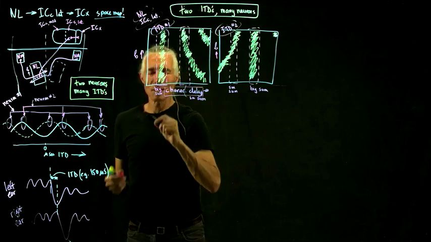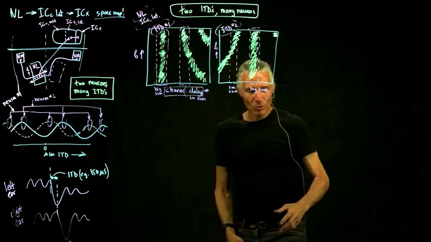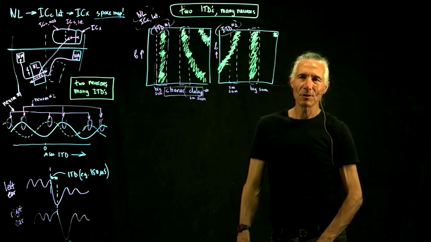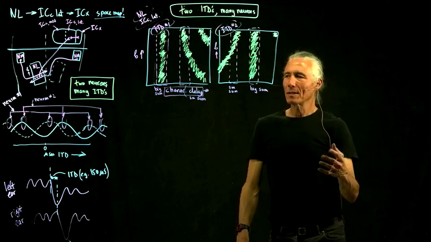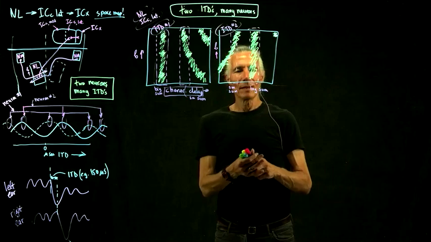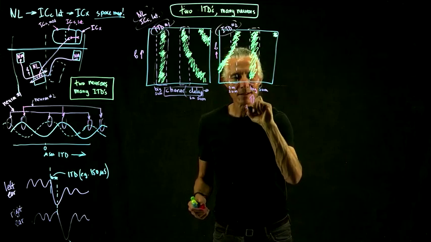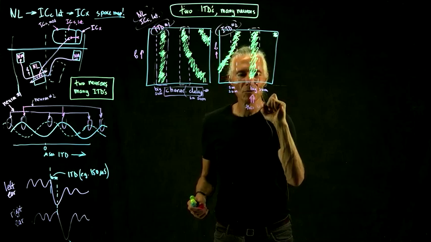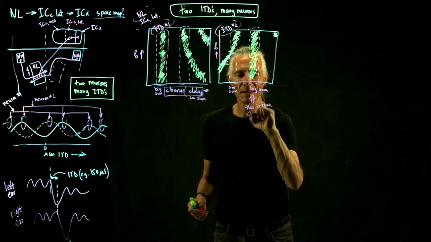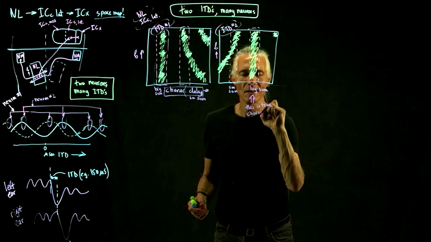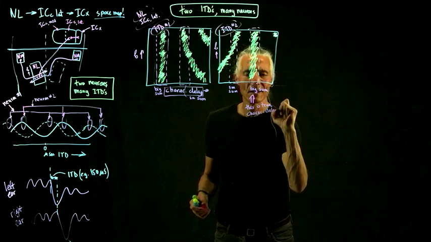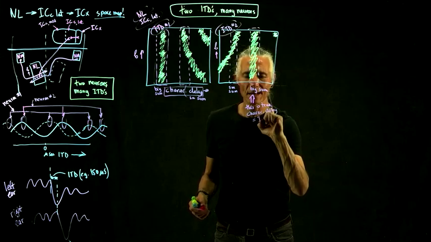And then that one is going to be the actual true delay, the actual real interaural time delay. So basically the bottom line is, this is the true characteristic delay. Delay equals ITD. That's the actual ITD.